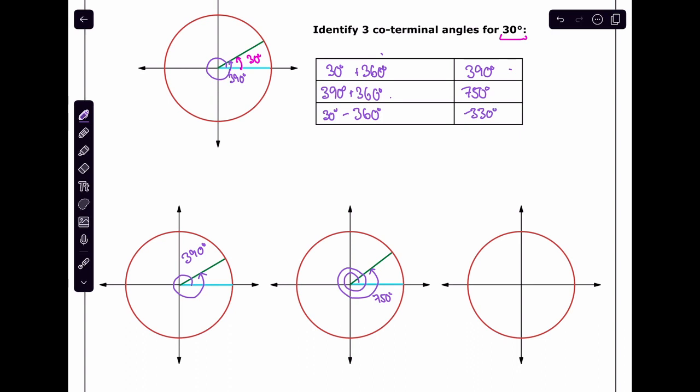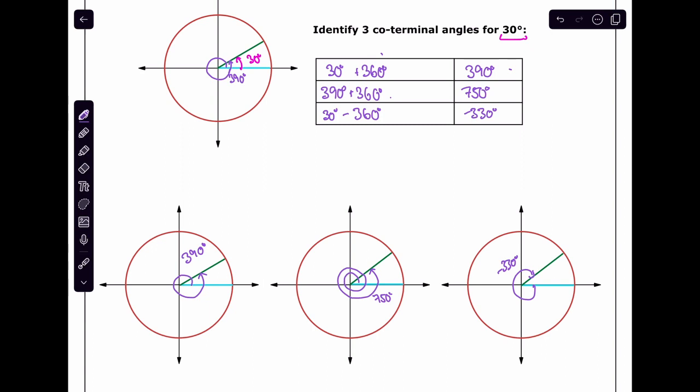So what that would look like, we draw our initial arm, then we draw the terminal arm for 30 degrees, and so now we'll go clockwise for negative 330 degrees, noting it shares the same terminal arm as 30 degrees.